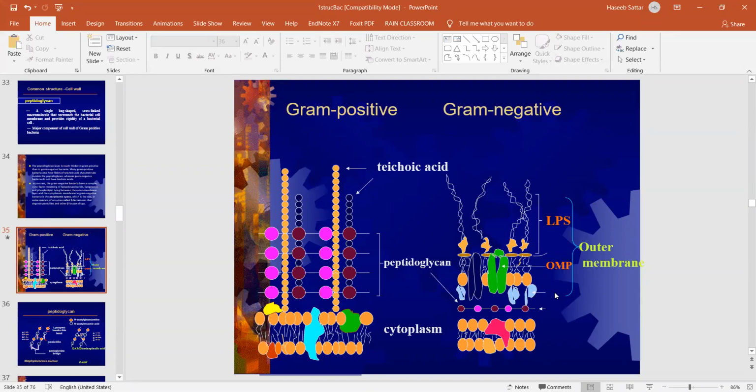So this is a difference between them. Although both have peptidoglycan units in their cell wall, teichoic acid fibers are only present in gram-positive bacteria, not in gram-negative bacteria.